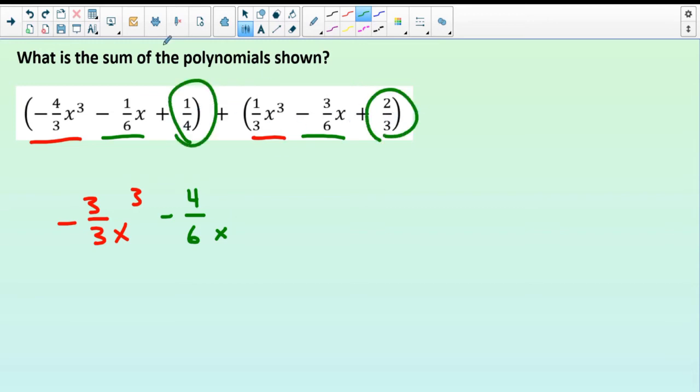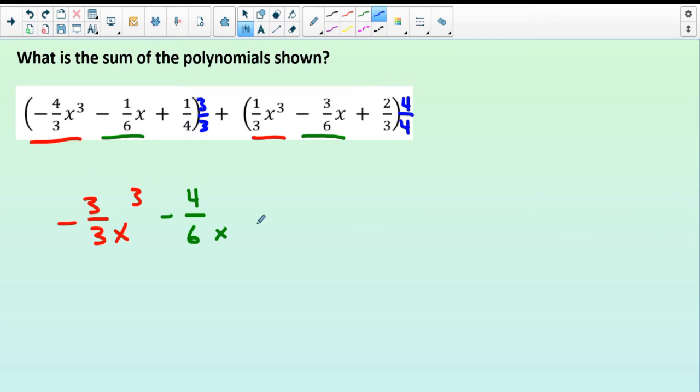This 1/4 and the 2/3 have different denominators, so I first have to make them have common denominators. The easiest way to do that is just look at the number on the bottom here. This is a 3, so I would multiply that over here, 3 over 3. And the denominator over here is a 4, so just multiply that over here, 4 over 4.